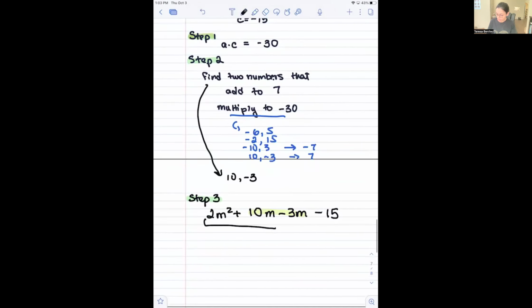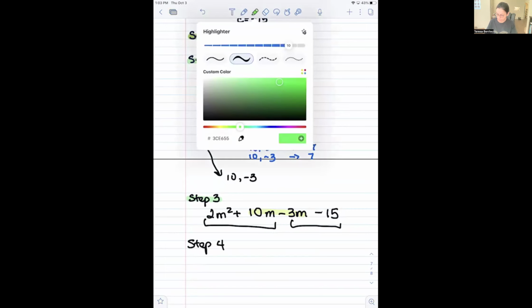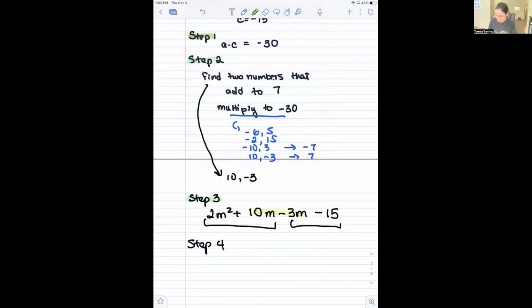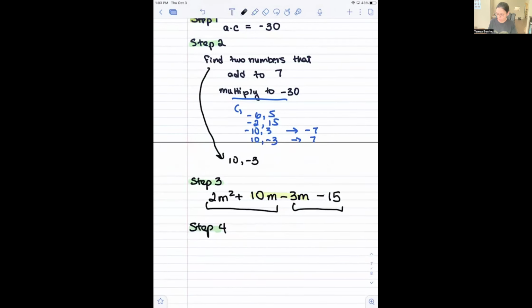And now I can factor by grouping, which is my step number 4. I factor by grouping, so 2m squared plus 10m. I find the greatest common factor, 2m, and I have m plus 5.